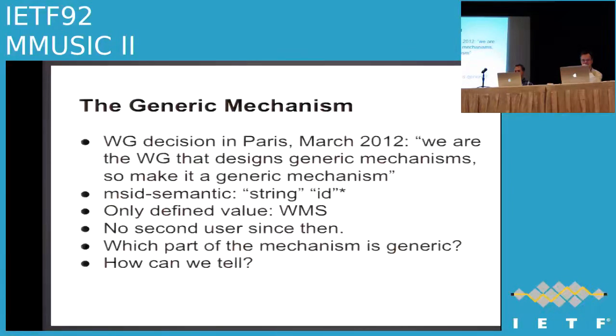And the only defined value is WMS. There have been no proposals for a second user. Now, how do we tell which parts of the mechanism are generic and which parts are specific to the sole purpose? The answer is, the only way to do it is by taste. You have to make an arbitrary choice because there is no second usage. Next slide.